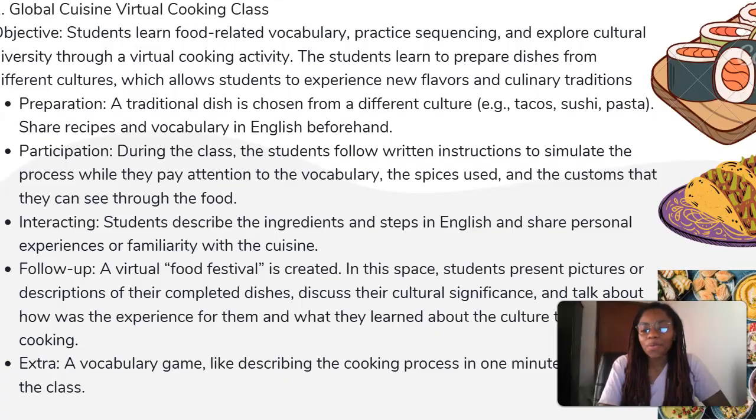And there will be a follow-up activity that is a virtual food festival that is created.